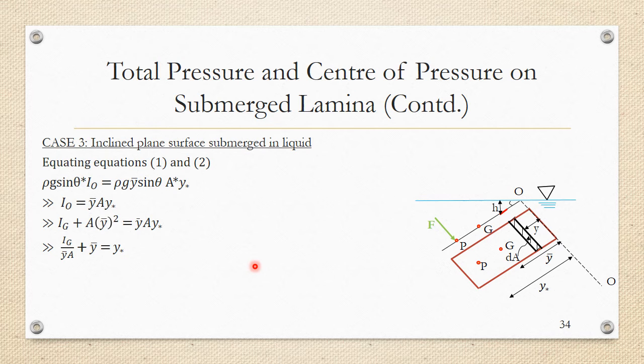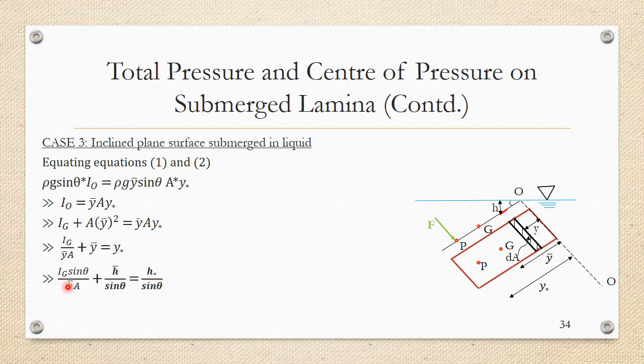Now my aim is to find h star, not y star. h star is the vertical distance of P from the free surface, and I know that h star is equal to y star sine theta. So I am going to replace y bar, y star, etc. with h star and h bar.